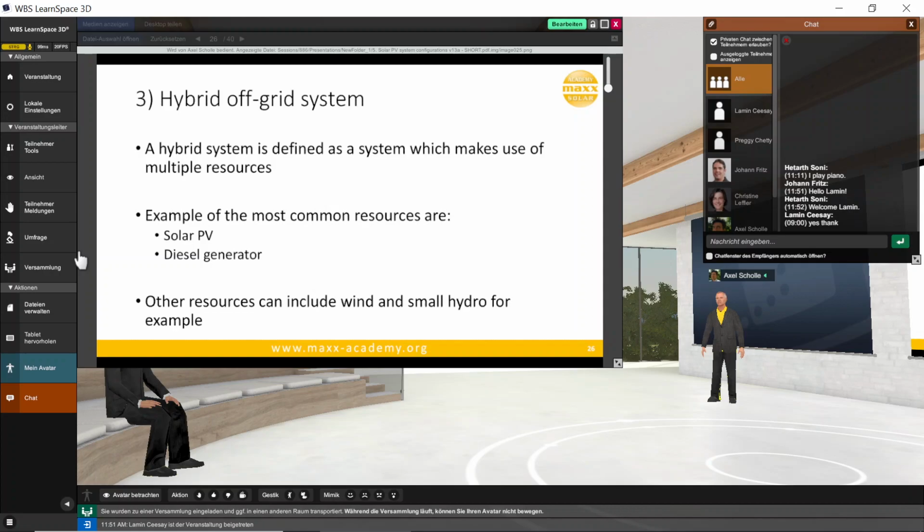In this case, our system included solar PV and a diesel or petrol generator. Other sources include wind or small hydro or run-of-river hydro.